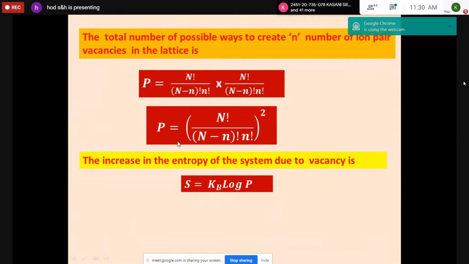The same can be written as P = [N factorial by (N minus n) factorial into n factorial] whole square. So this is the total number of possible ways to create n number of ion pair vacancies in the crystal lattice.